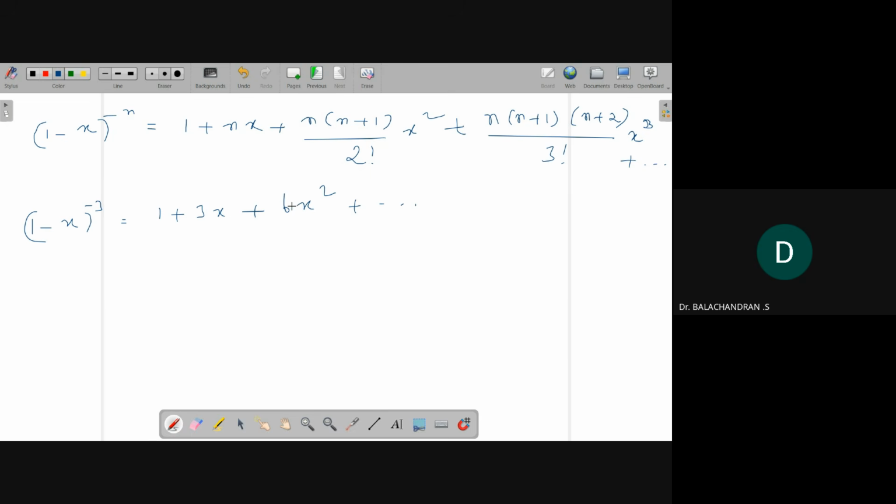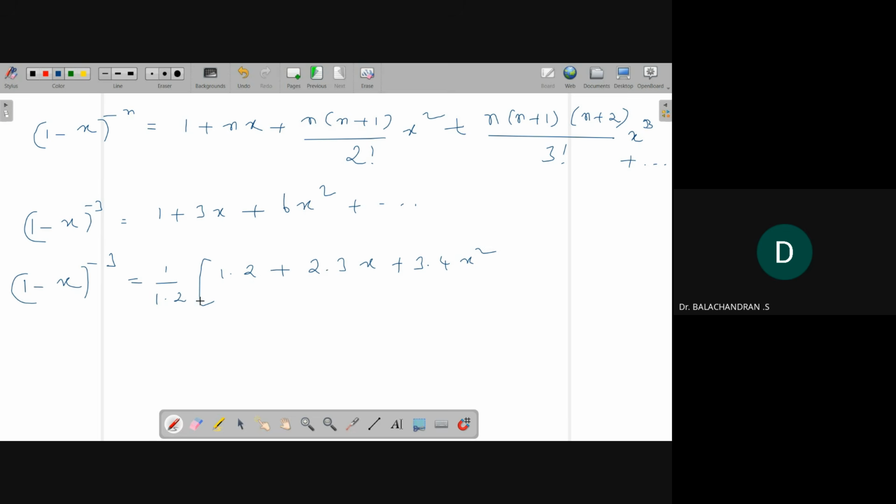But using this, you cannot easily find what? The coefficient of x power n. So that's why I will rewrite 1 minus x whole power minus 3. I'll take 1 by 2 common. Then it should be 1 into 2, 2 into 3 into x plus 3 into 4 x square, because 12 by 2 is 6.